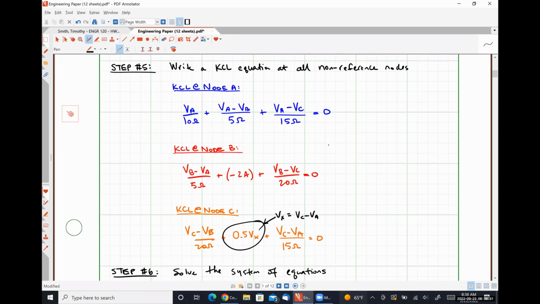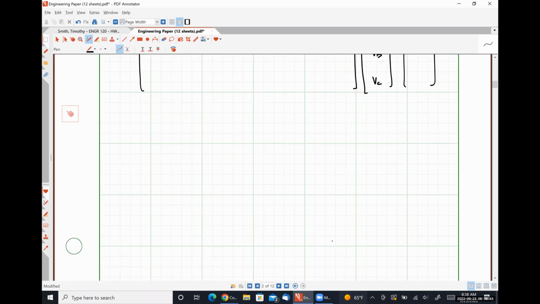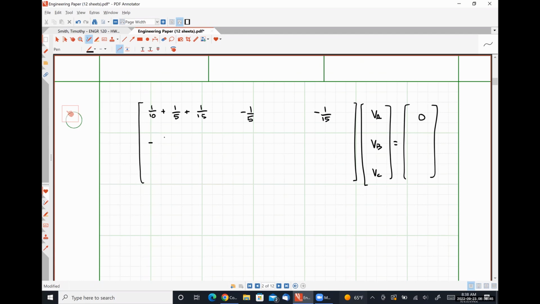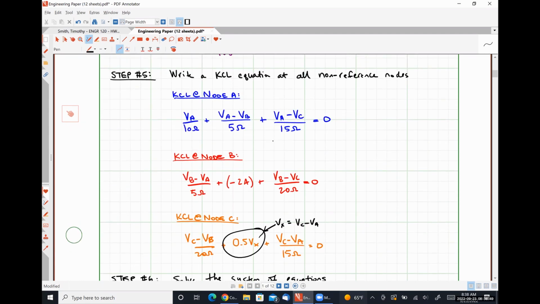Now let's look at our KCL at node B equation. What's our coefficient for node A, or for VA? -1/5. What is our coefficient for node B?